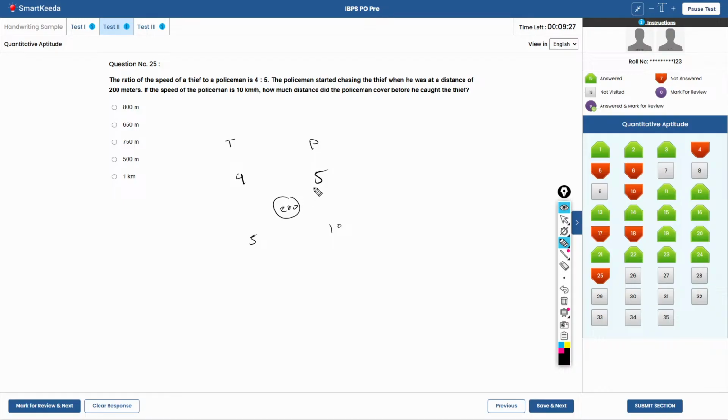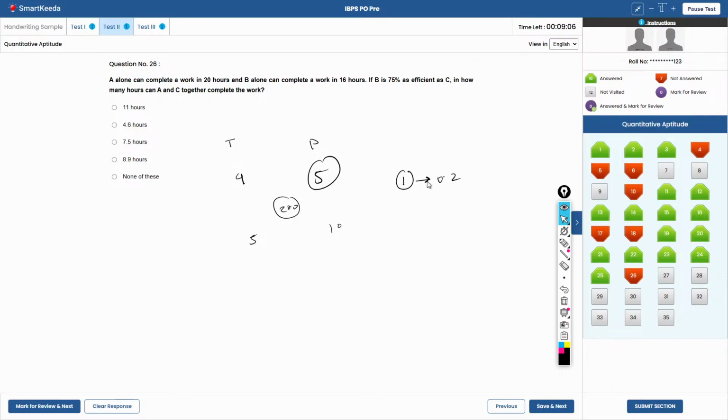Okay, so with this, 1 is equal to 0.2. He has to cover 5 distance, so he has to cover 1000, 1 kilometer.